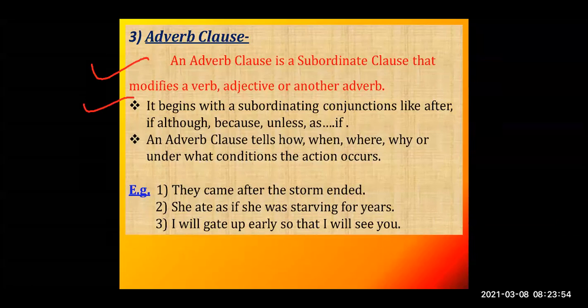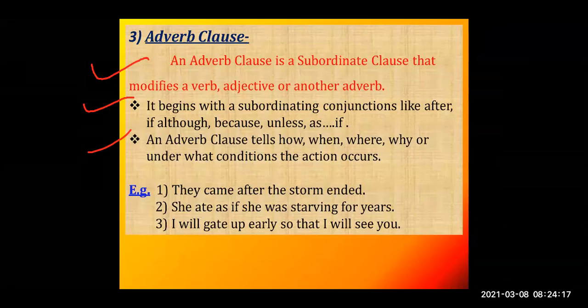It begins with subordinating conjunctions like after, if, although, because, unless, as if. An adverb clause tells how, when, where, why, or under what conditions the action occurs.